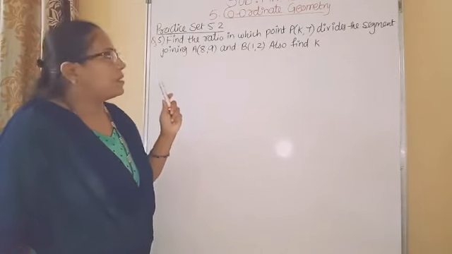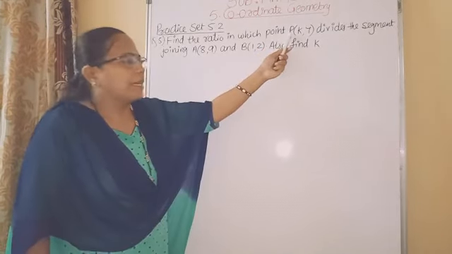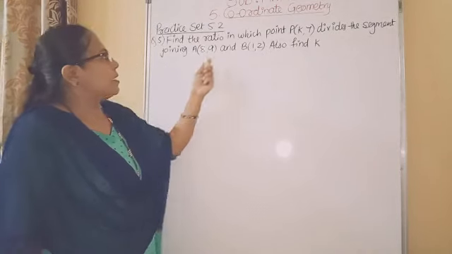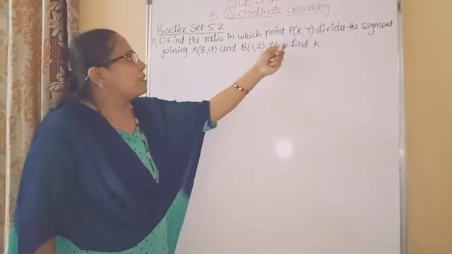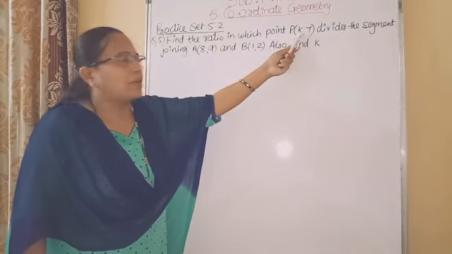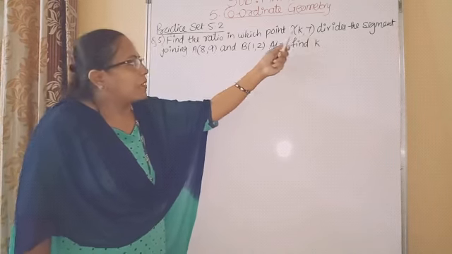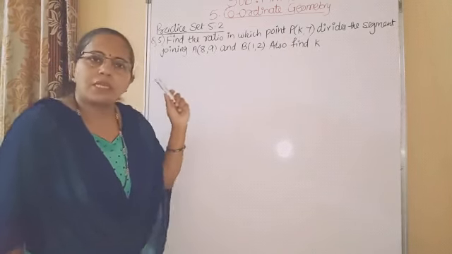First, we have to find the ratio in which point P divides the segment AB. And we have to find the value of k, means we have to find the x coordinate of point P. Now here the point P divides the segment in the ratio, so we have to use the section formula. Okay, so let us start the solution.